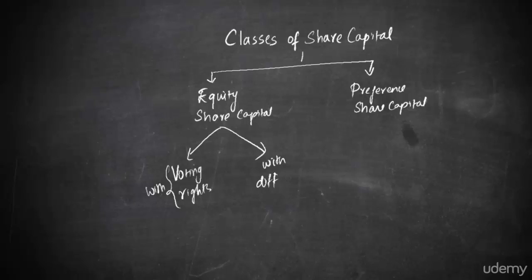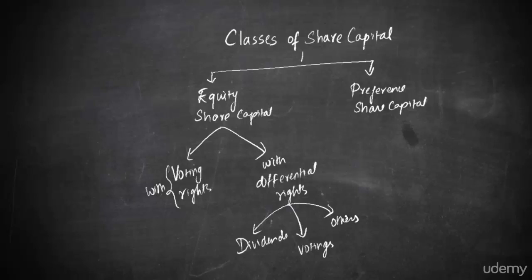So please remember, it is not without voting rights, but with differential rights. When we say with differential rights, that may be with respect to the dividends, with respect to the voting, and various other aspects which we'll discuss later.